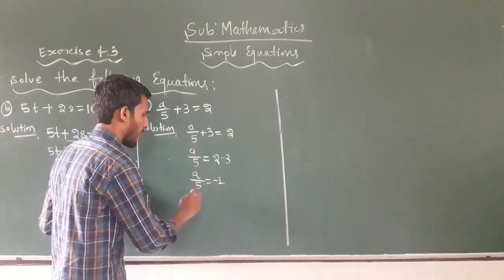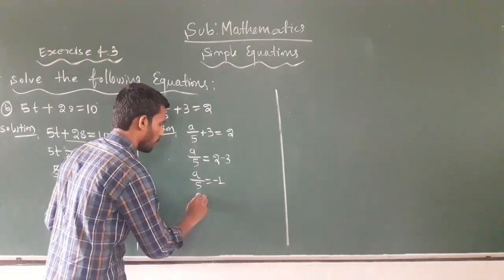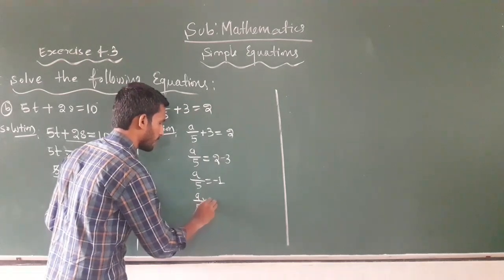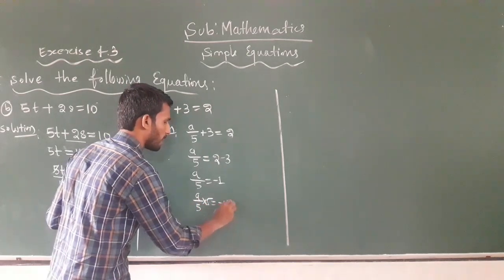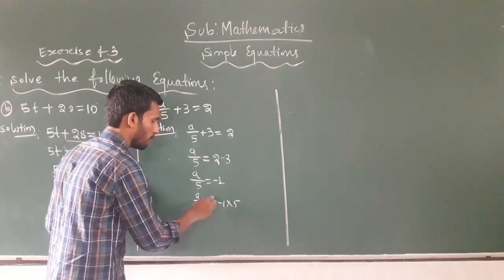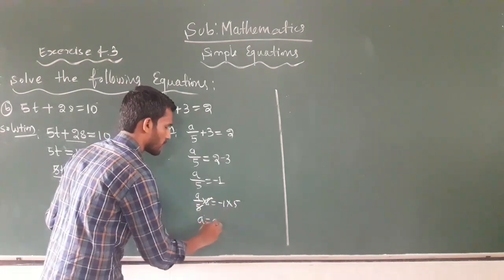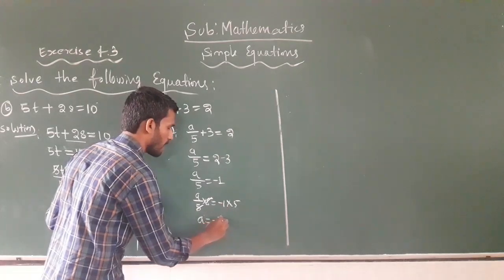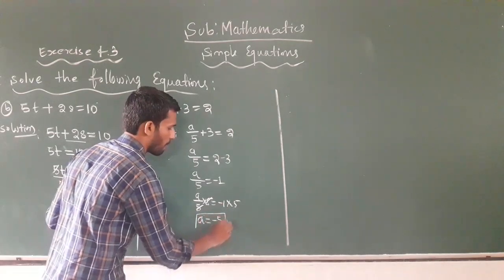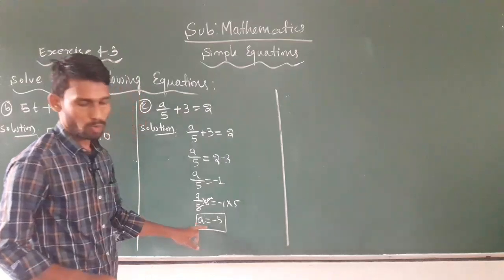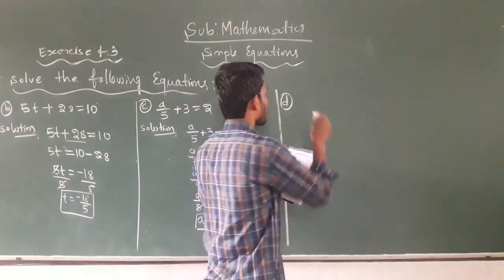When we multiply both sides by 5, 5 will be cancelled. Remaining a is equal to minus 5 into 1 is 5, a is equal to minus 5. This is the solution.